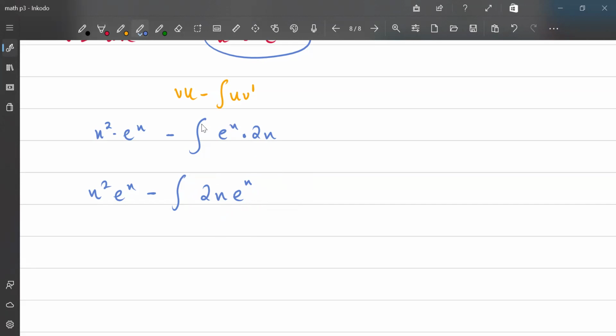So leave this as it is for now and integrate this separately using Lie, 2x e to the power x. So basically, Lie is being applied two times in a single question of integration by parts.